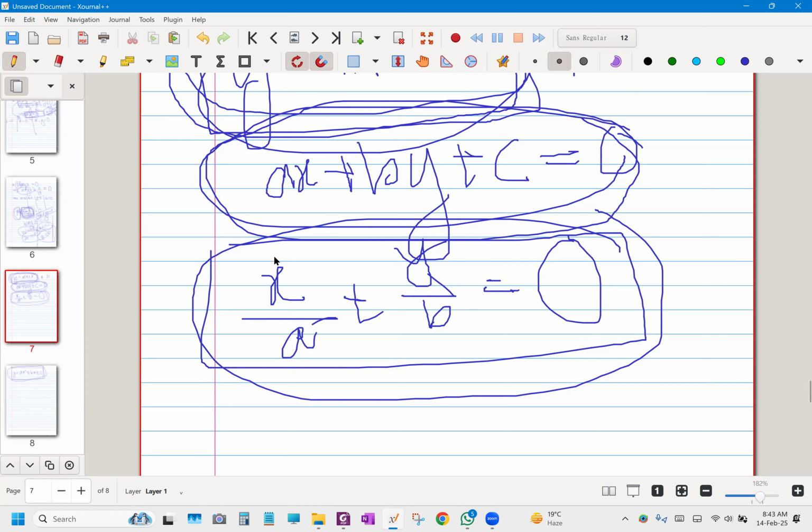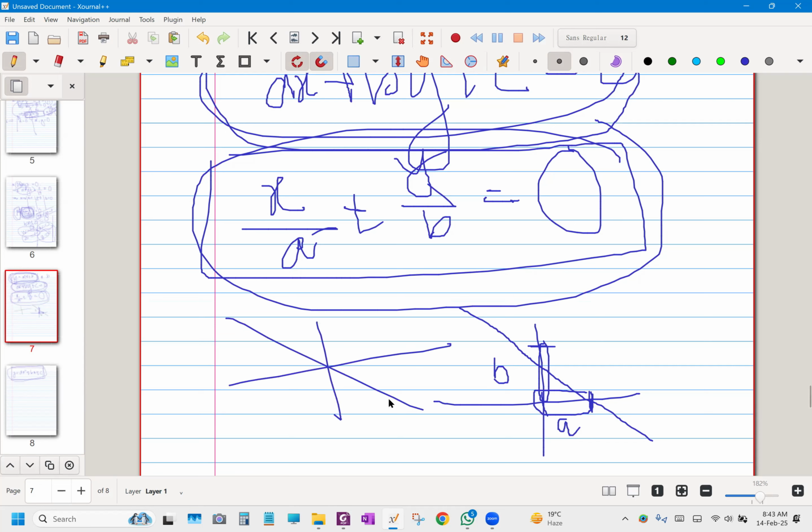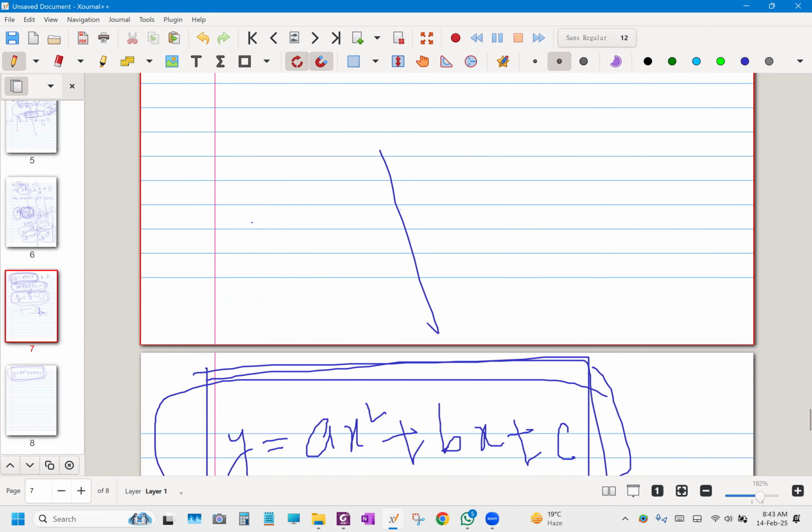the only thing you need to know is the units of the x-axis and the y-axis that the straight line is intercepting. This is going to be the a value, and this is going to be the b value.